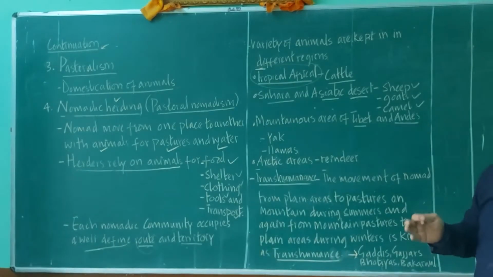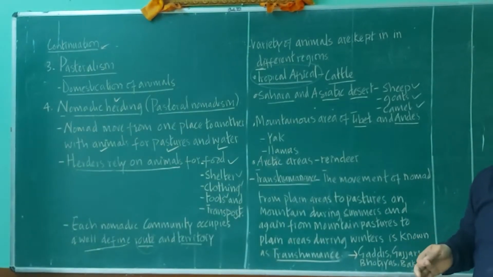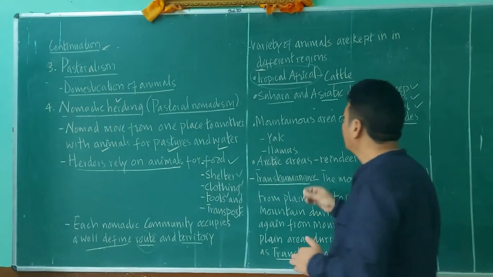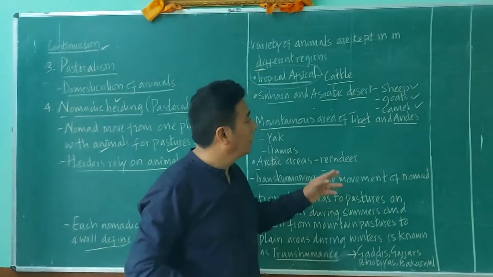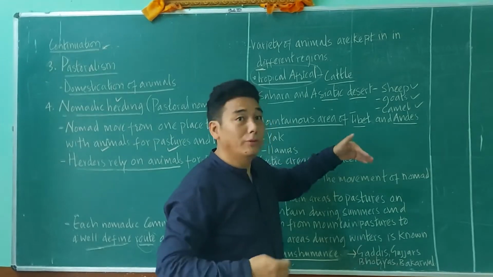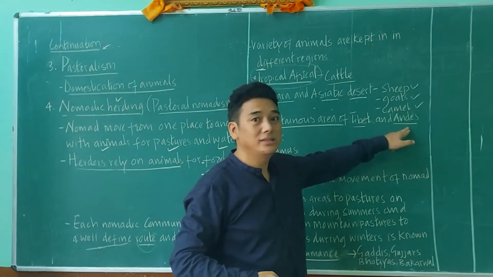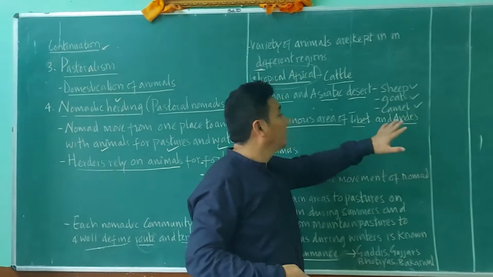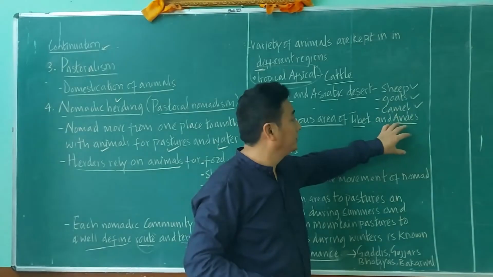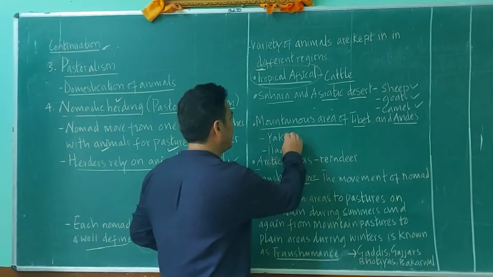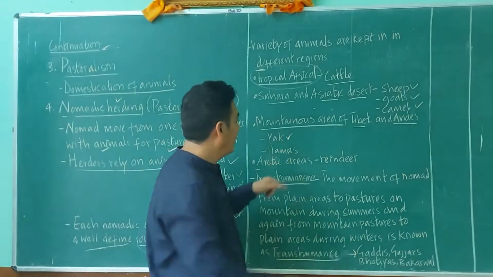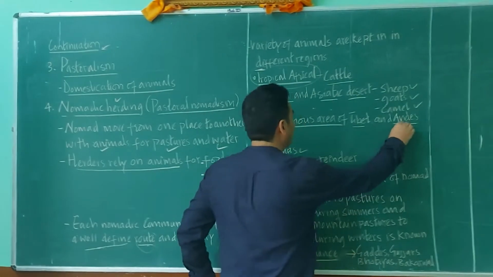So different regions keep different animals. For example, in the mountainous area of Tibet, our own land, we keep yak, and in the Andes in South America they keep llama.